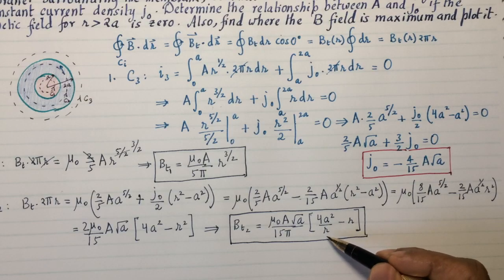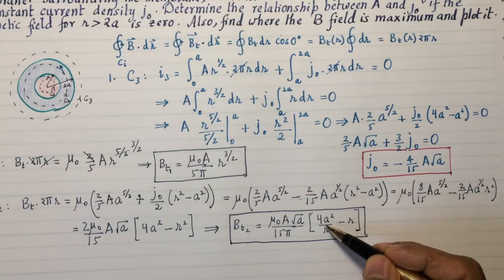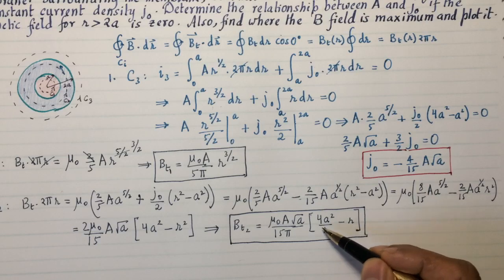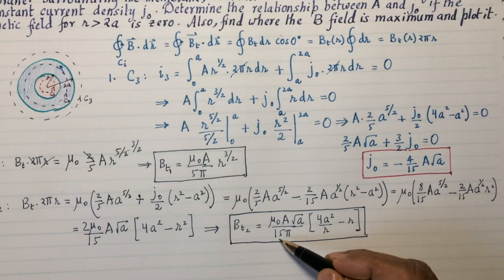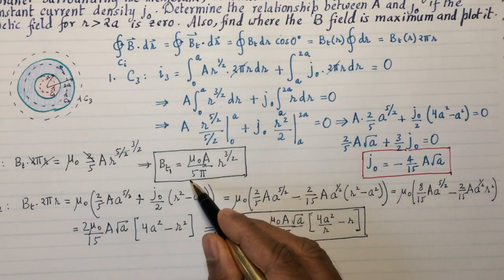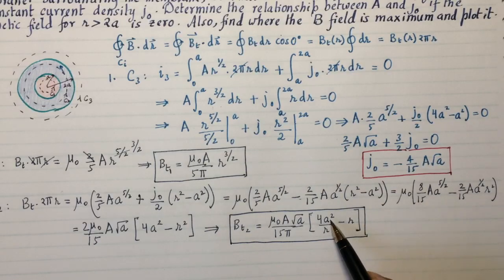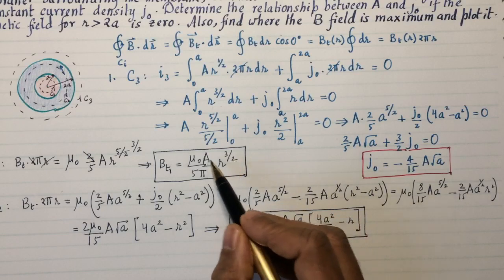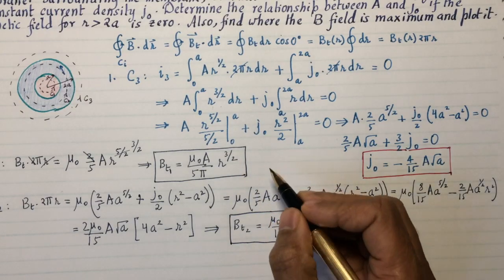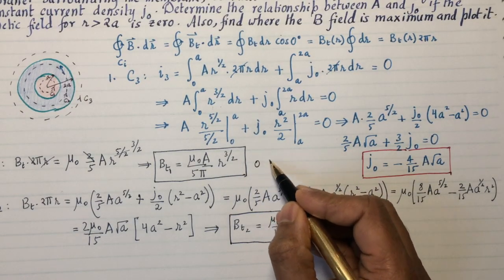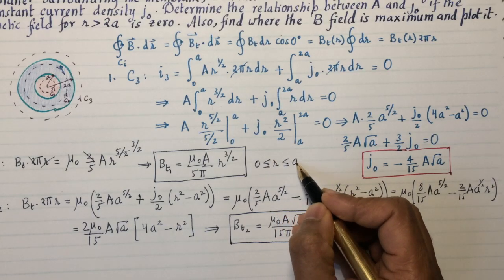At r equals A, this expression is easier to work with first, so I get 4A squared over A, which is 4A, minus A, which is 3A, and 3A when divided by 15 gives me A divided by 5, and that's exactly what you have here. And then that A that's left over combines with the square root of A to give me A to the 3/2. So the two expressions do agree in that intermediate zone, r equals A.